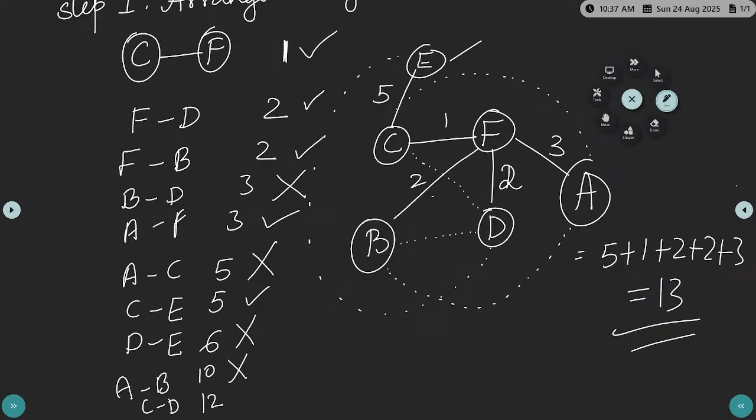Second one, it should not form a cycle. Third step, all the vertices are to be covered.